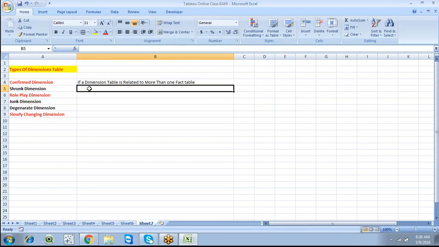A conformed dimension is almost similar to the opposite of a star schema, where a dimension table is related to more than one fact table. And a shrunken dimension is almost similar to snowflake schema.